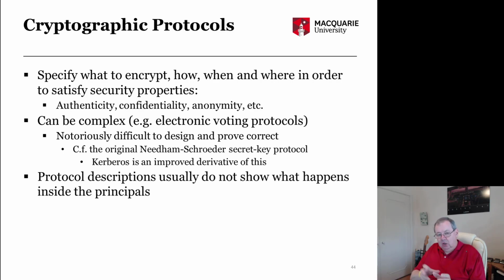And you see the messages that go between Alice and Bob, or Alice and Bob to Trent, and so on and so forth. But it doesn't show what happens inside these principals. What are they looking at? What do they check? And at what point do they say, this is not working, the protocol is failing, I'm going to abort this, I'm being attacked, for example.